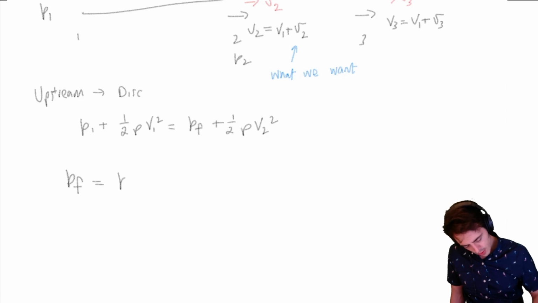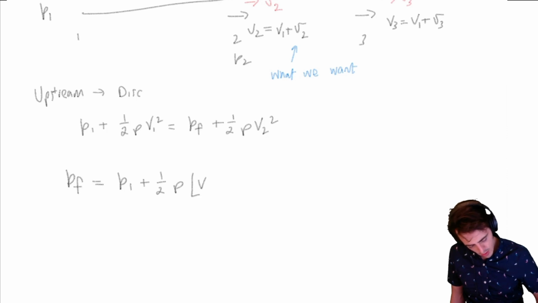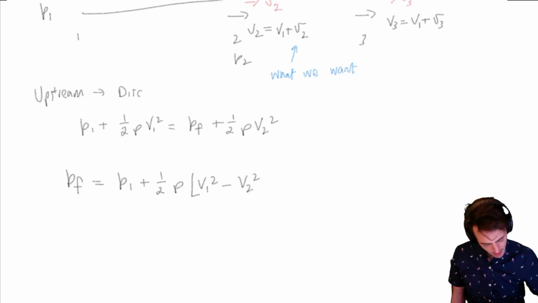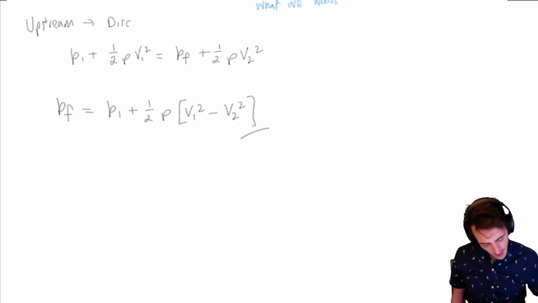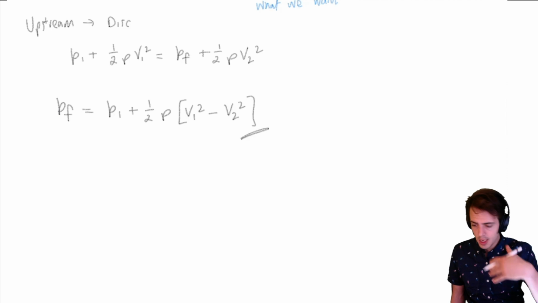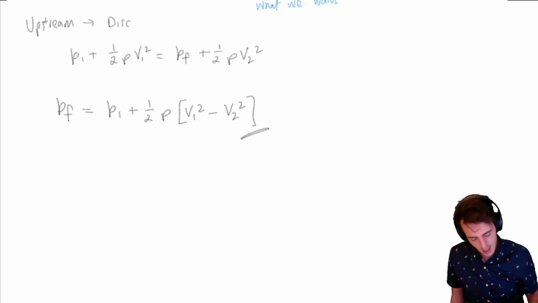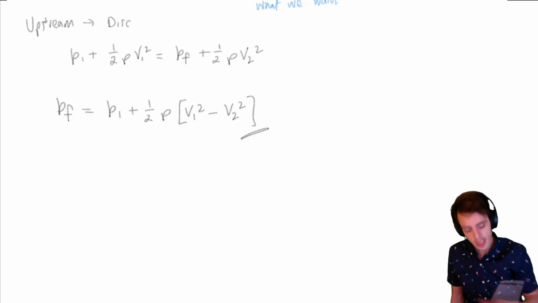PF is equal to P1 plus a half rho, V1 squared minus V2 squared. And we'll leave that there. We're then going to apply separately from the disk to the far downstream.